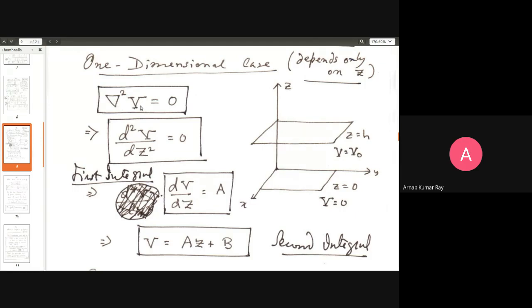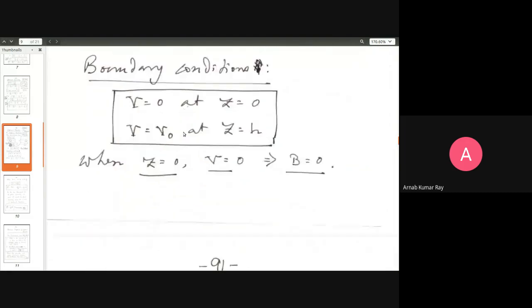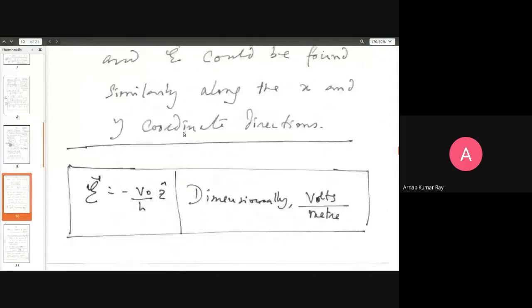If V is equal to 0, del squared V will obviously be equal to 0. So there is no challenge. Also, V is equal to a constant, a non-zero constant, is also a solution. But a trivial solution is not something that we are looking at. We want to look for a more meaningful solution.